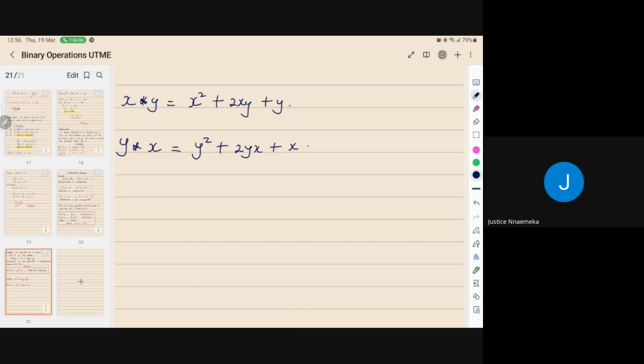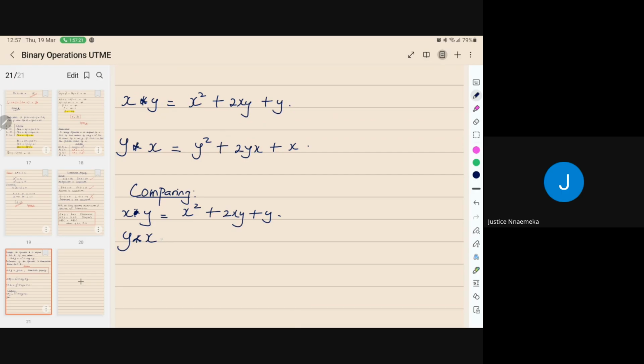So now, let's compare. Are they the same thing? X squared, y squared. Your thumbs up, are they equal? Is this x asterisk y and y asterisk x, are they the same thing? Comparing, we have that x asterisk y is equal to x squared plus 2xy plus y.